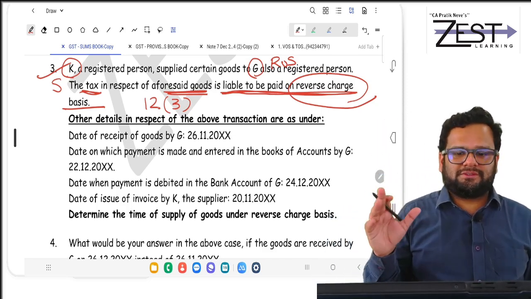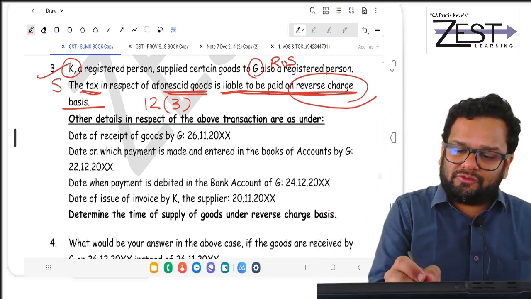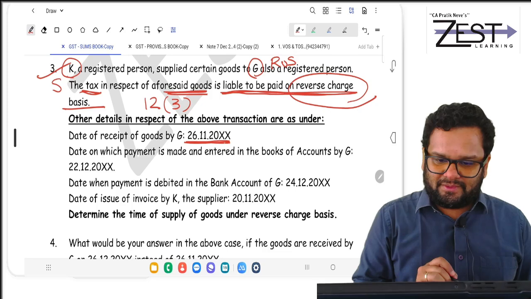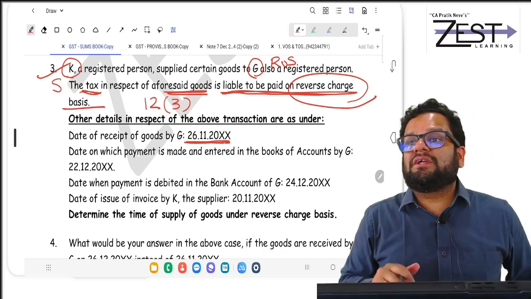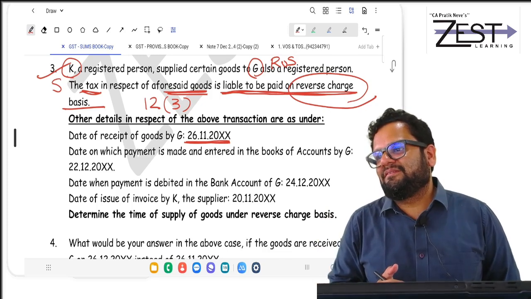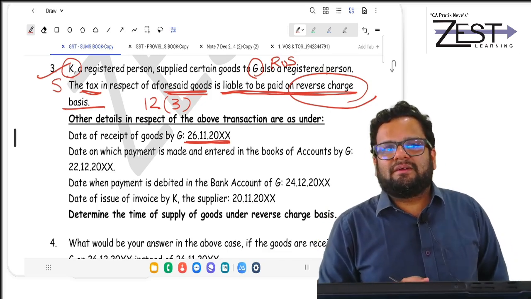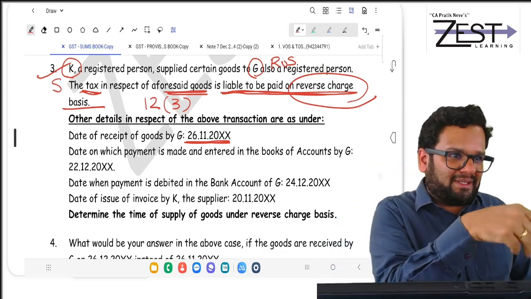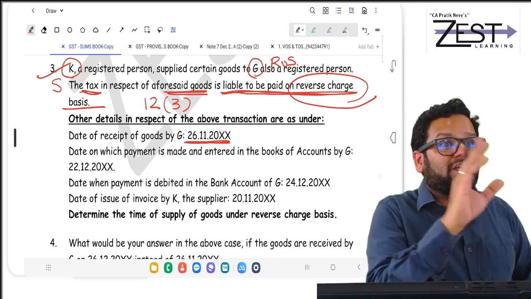Understood thought process? Date of receiving the goods is 26/11. And of course, date of making payment, how will you identify? Date of entry of that making payment in the books or date of debit.